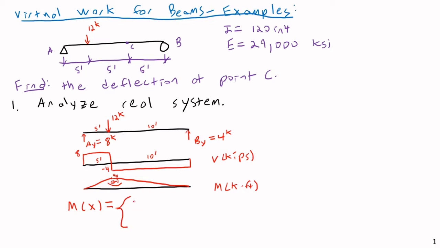And this is then going to be equal to 8x. We can find that just, these are just y equals mx plus b type equations. If I know that we're at 0, 0 here, and that would be 5, 40, and 15, 0, I can find that the moment function is 8x when x is in the first region, between 0 feet and 5 feet, and then it will be negative 4x plus 60 when x is between 5 feet and 15 feet.